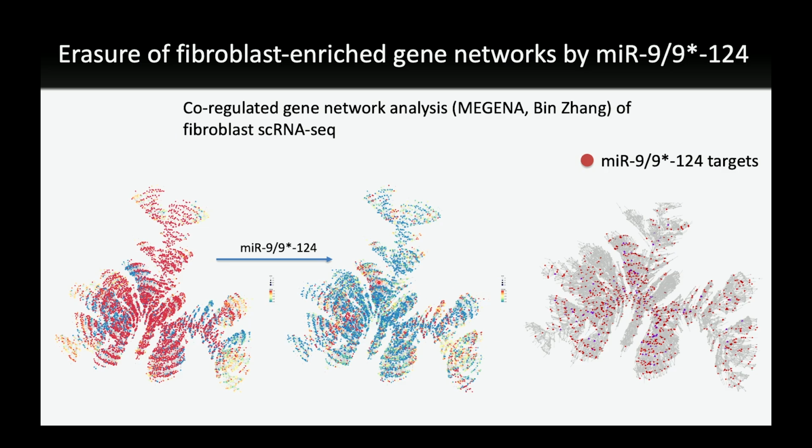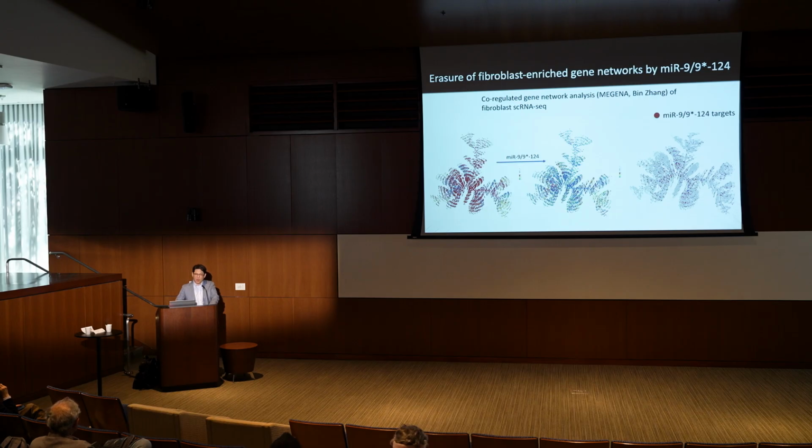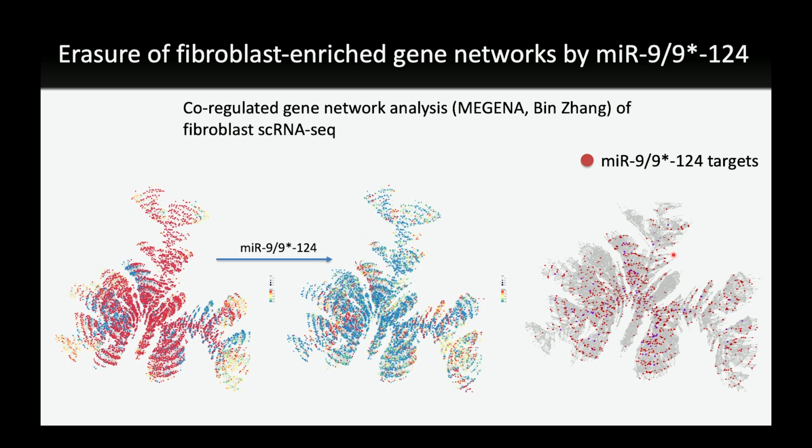It's largely because this non-neuronal gene network that exists in fibroblasts is embedded with the direct targets of microRNAs. So they target all these important genes, which are expected to be highly expressed in fibroblasts to keep them as fibroblasts, and these microRNAs basically erase that state.